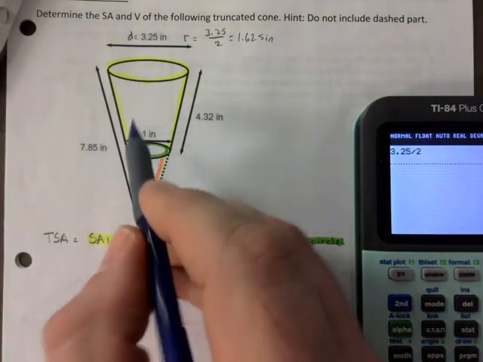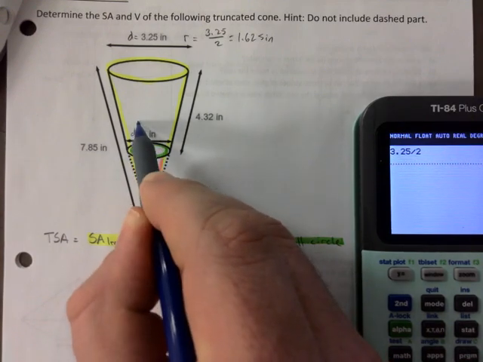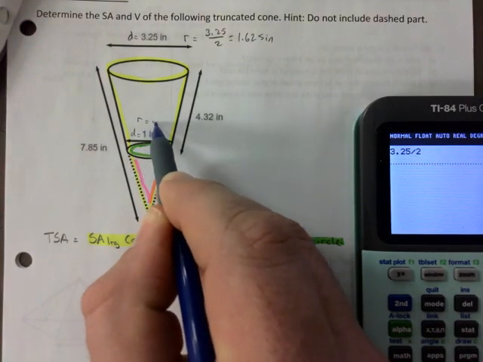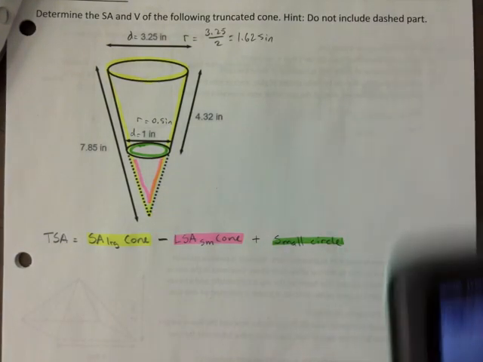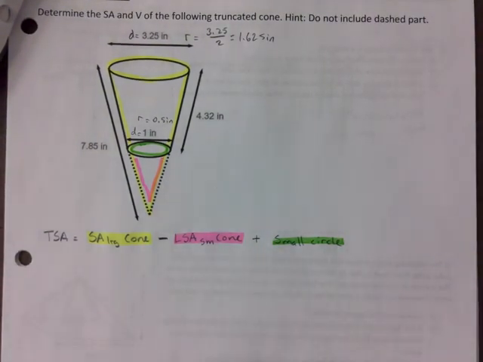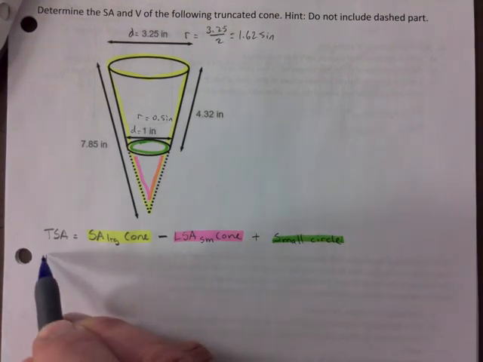And then this one here, this is the diameter. So the radius of the small one is just 0.5 of an inch. So let's get that out of the way. If it's a cylinder or a cone, anything like that, if it's a sphere, you're probably better off finding the radius right away. Okay, so let's go ahead and plug this in.